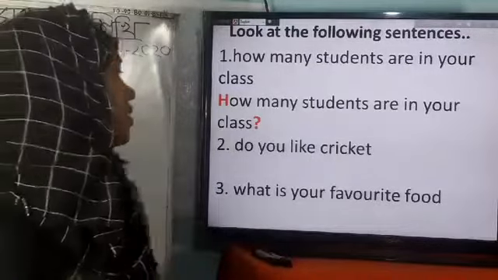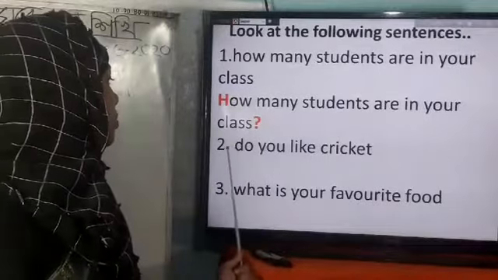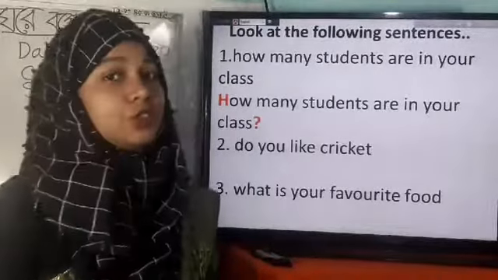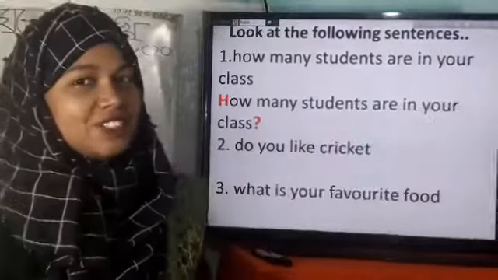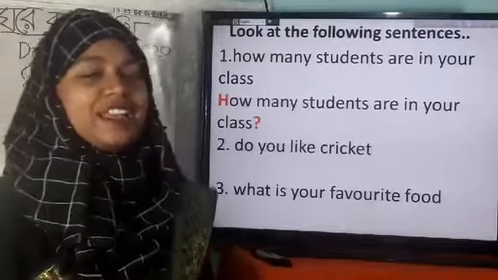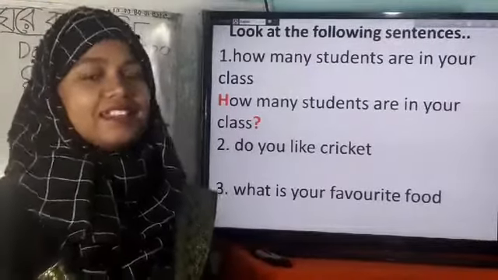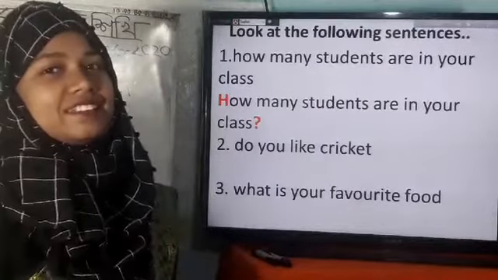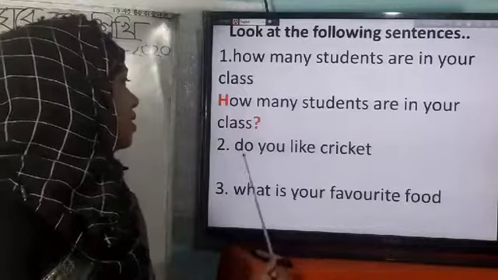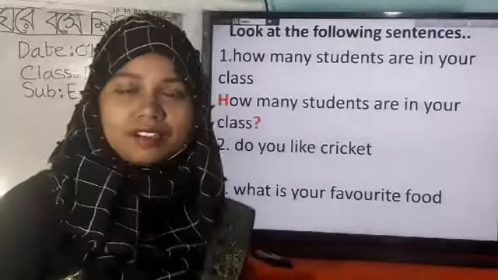Now, next sentence, dear student, number 2 is, do you like cricket? Dear student, is it a correct sentence? I think you can answer me that it's not a correct sentence. Why? Because there is no capital letter or no punctuation mark.